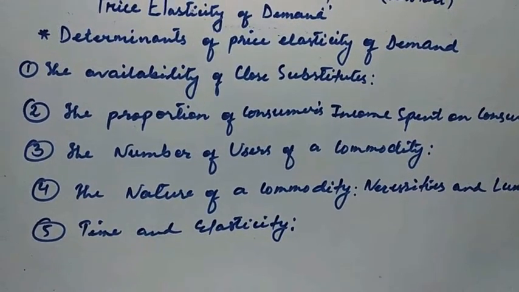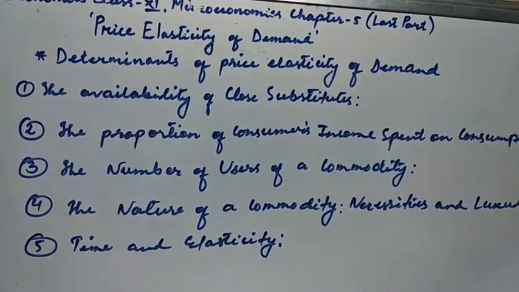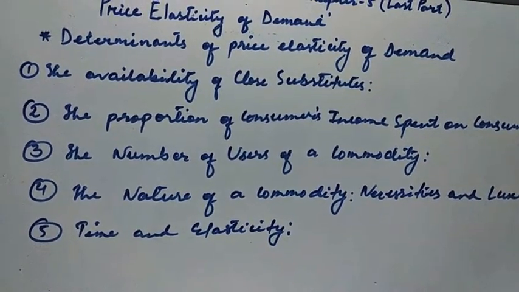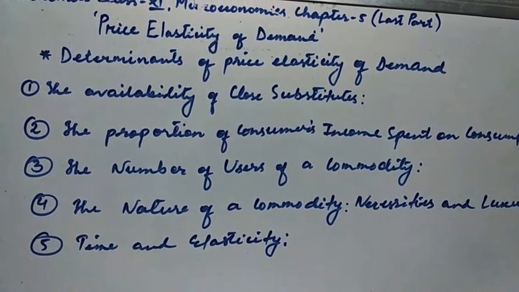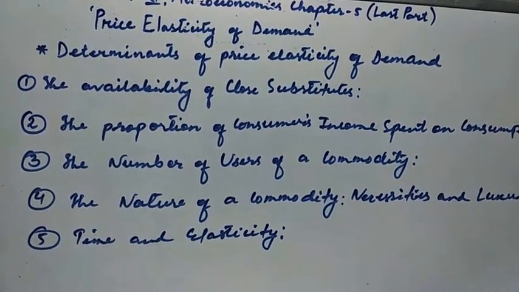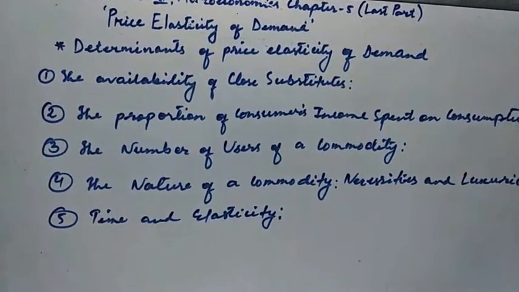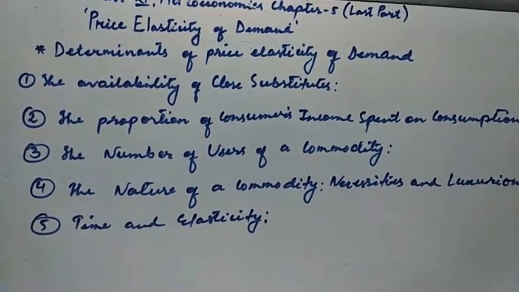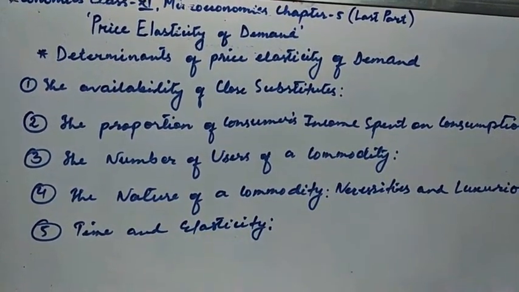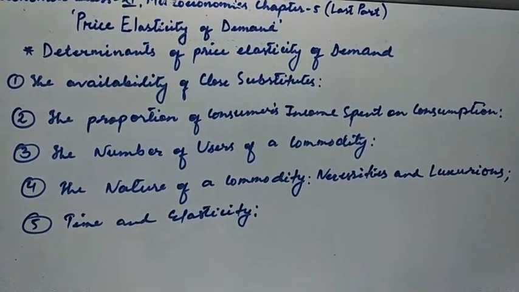So the greater the possibility of substitution, the greater will be the price elasticity of demand for it. Let us give an example of Coca-Cola. If the price of Coca-Cola rises, many consumers would turn to other kinds of cold drinks because Coca-Cola has many close substitutes, and the demand for Coca-Cola will decline drastically.